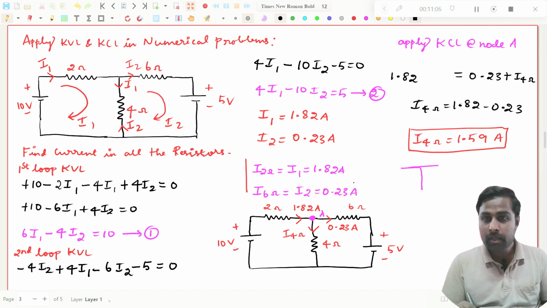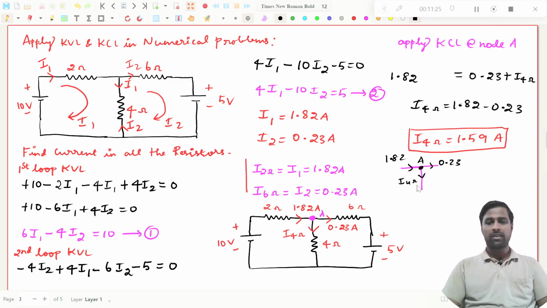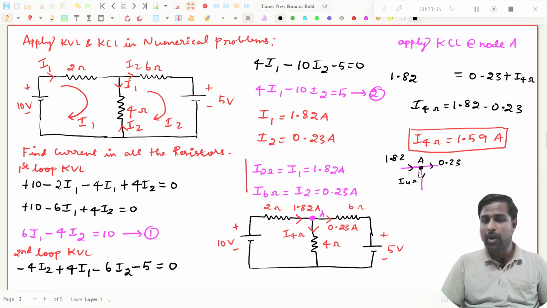So you see, this current is 1.82 amperes, and this is nothing but 0.23 amperes, and I just need to find what is the current here. This is nothing but I by 4 ohms, right? This is the node A. So now you see, if you take a node, in this node you are giving 1.82 amperes of current, only 1.82 is coming towards the node, right? So 1.82 amperes of current you are giving to this node, and these two are going away, right?